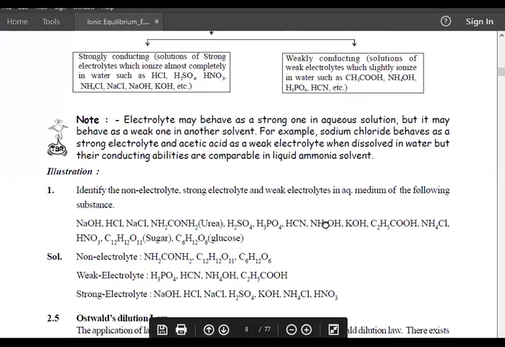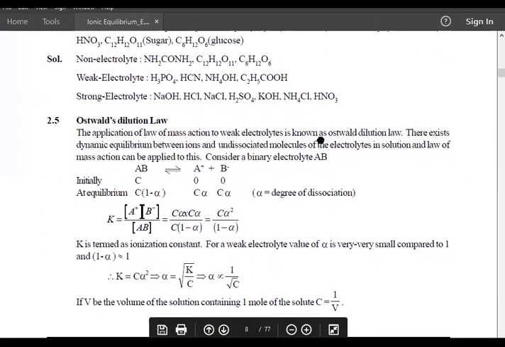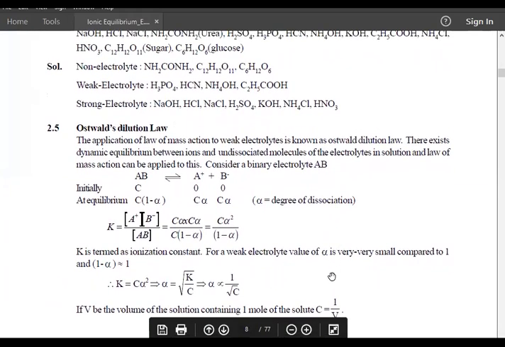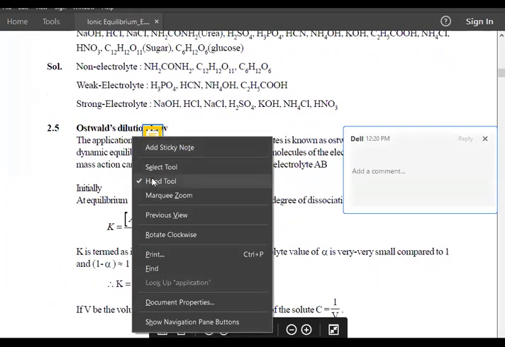Now, let's see what is Ostwald Dilution Law. Just try to read the statement.